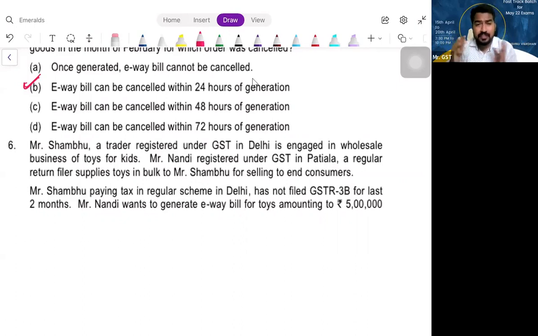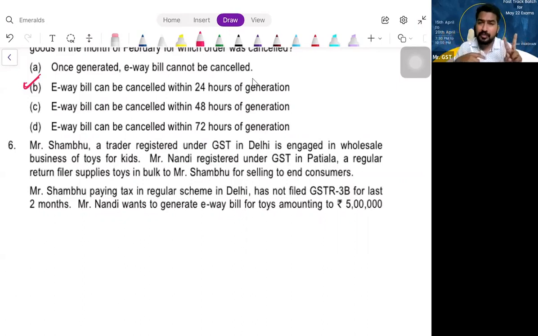No matter whether Shambhu or Narayan is willing to generate the e-way bill, the supplier GSTIN in that e-way bill is Shambhu's, who is blocked from generation of e-way bills, so it will not get generated.